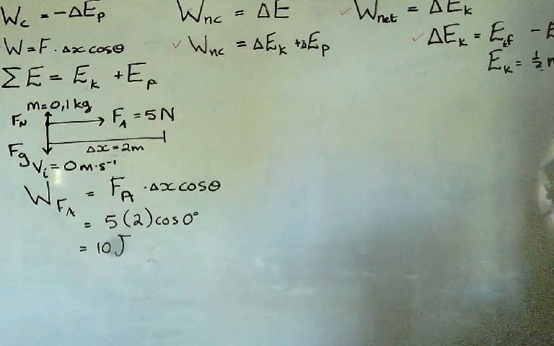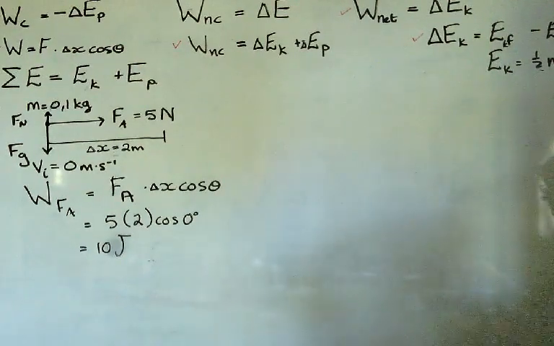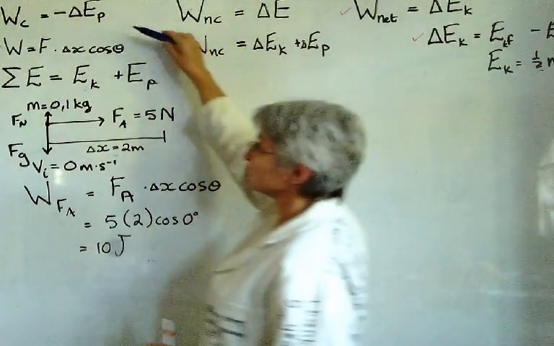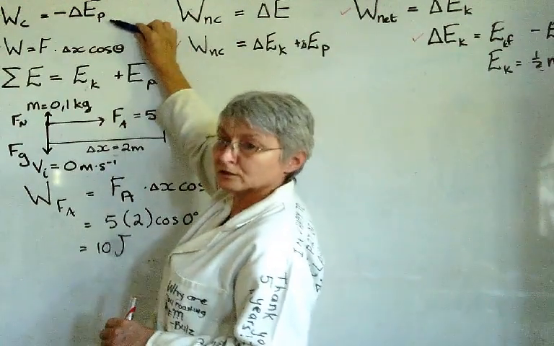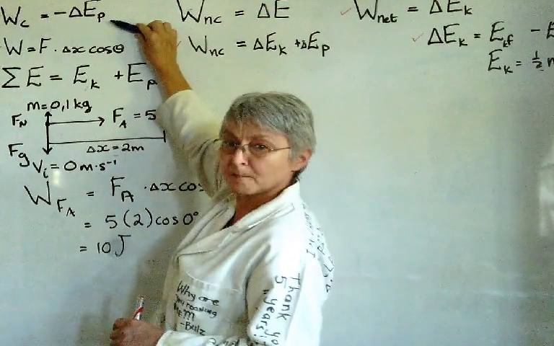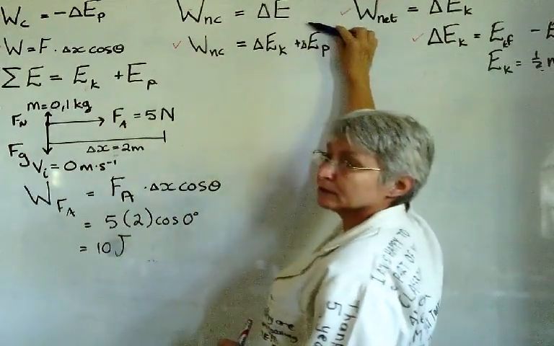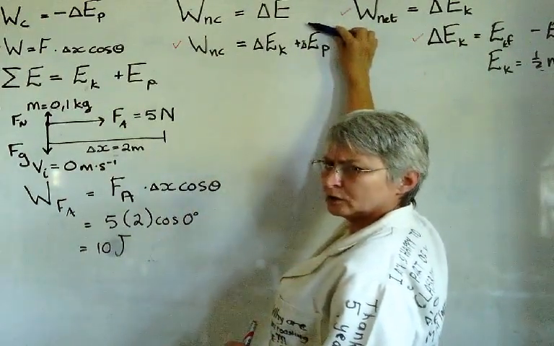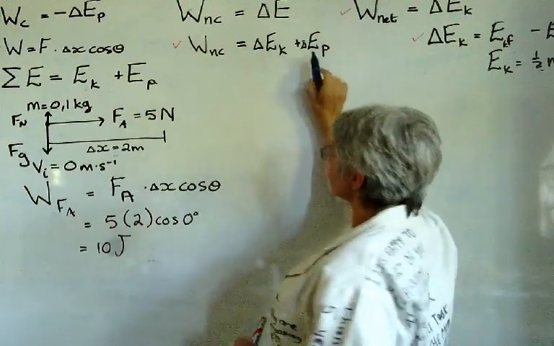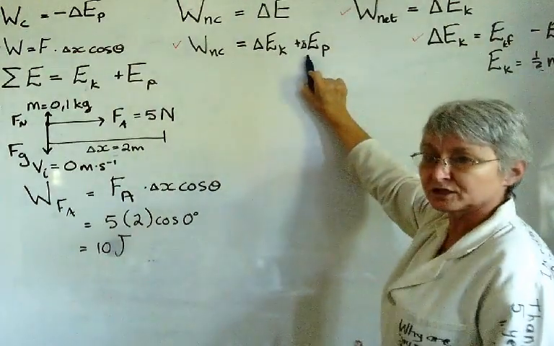Okay. What's the second part of the question? The final kinetic energy, not the final velocity, the final kinetic energy. Okay. Can I use this equation to calculate the final kinetic energy? No. Can I use this equation to calculate the kinetic energy? Yes. Why? Because the change in potential energy will be 0.